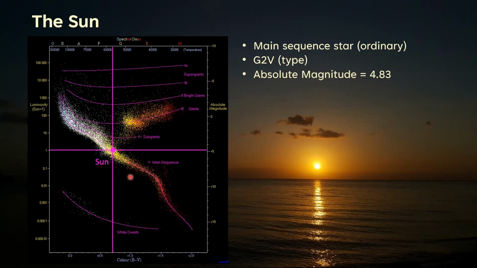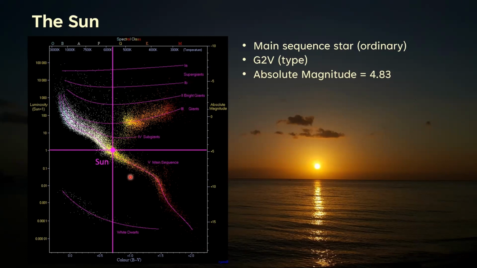So in short, our sun is fairly regular. The sun is a very regular star. That's why most astronomers don't really bother looking at the sun, except for those times when the sun is very active.